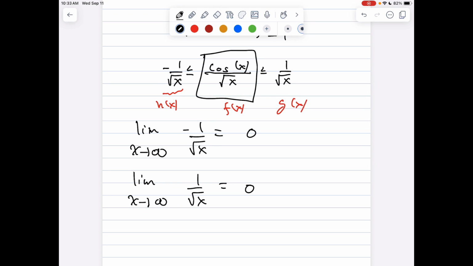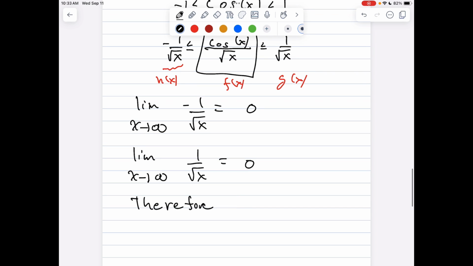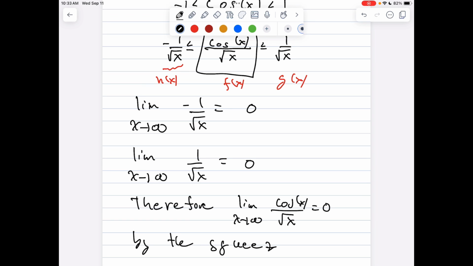Therefore, by the squeeze theorem, because the functions at the ends gave the same limit, the one in the middle must equal the same. So the limit as x goes to infinity of cosine x over root x equals 0 by the squeeze theorem.